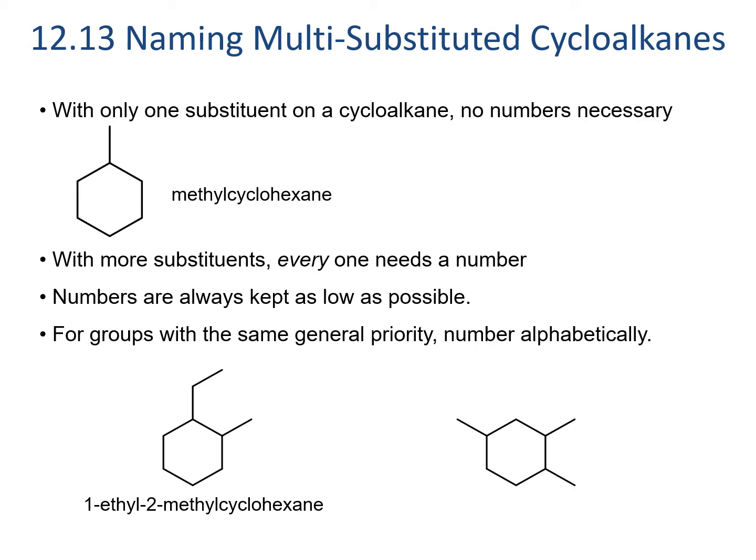The second molecule has 3 methyls, a trimethyl cyclohexane. We can number it starting on the top left and moving clockwise, and that would give us 1, 3, 4. But if we number it from the bottom right and move counterclockwise, we get 1, 2, 4 trimethyl cyclohexane, which has lower numbers overall and is therefore the correct name.